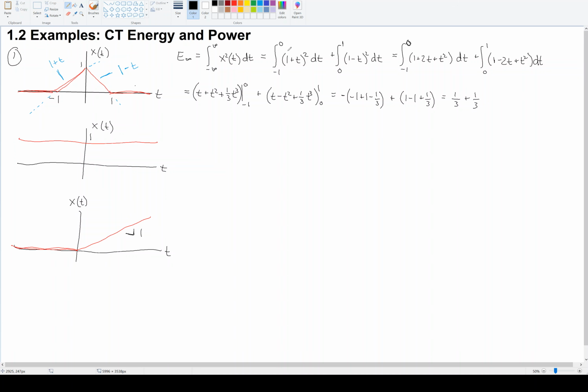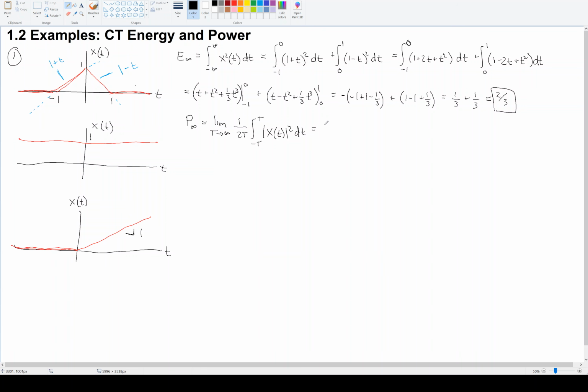Remember when we started this, we said we could double whatever we get for the left side or the right side. And so we get an energy of 2/3. That would be our answer for the energy. Now if we wanted the average power over all time, remember that's the limit as capital T goes to infinity of 1/2T times the integral from -T to T of the absolute value of x of t squared.